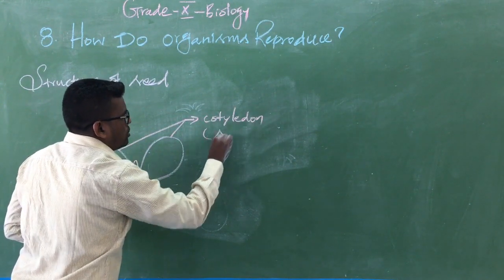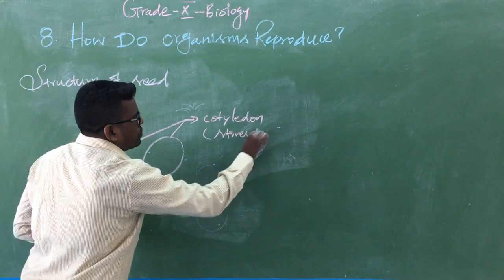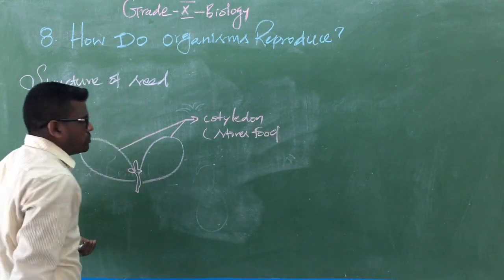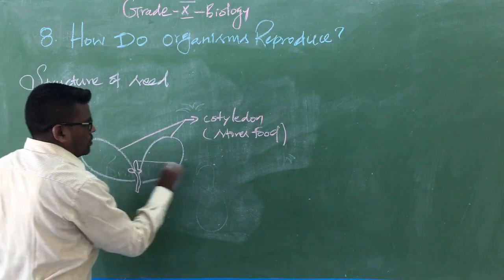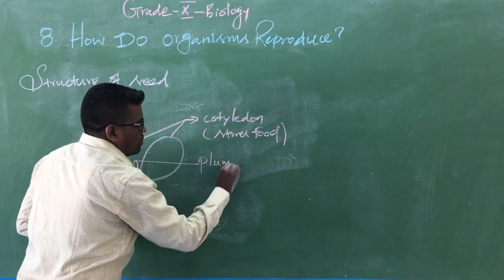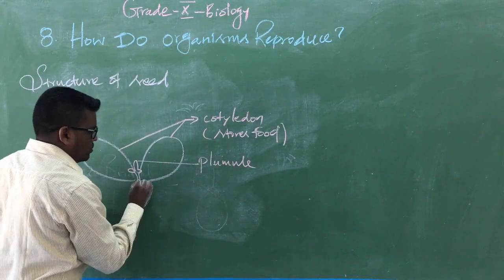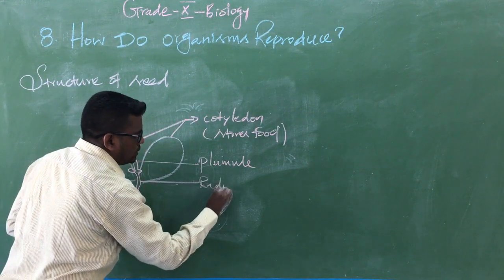The cotyledon stores food. This is the plumule. This is the radicle.